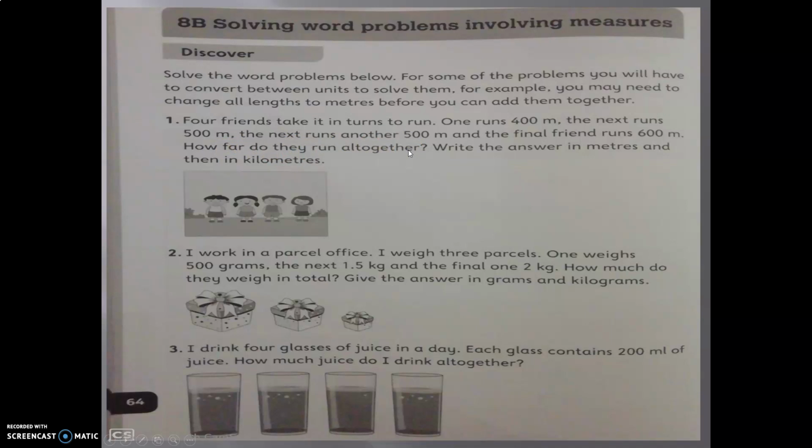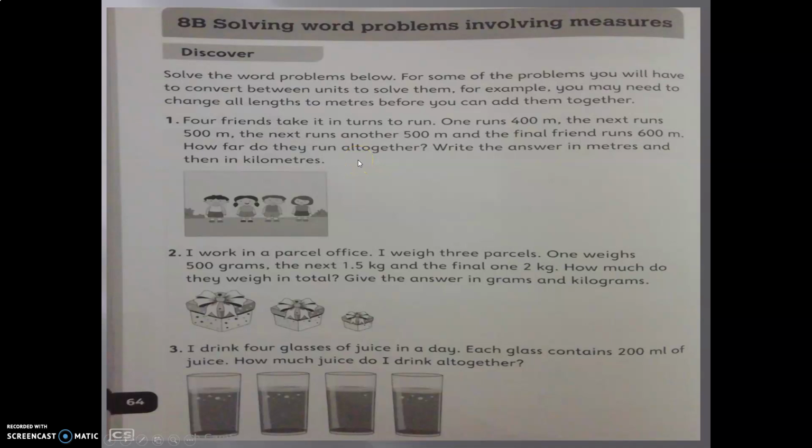Okay, since grade 1, you know that all together means plus. But before making plus, we should make sure that the numbers given to us are in the same measuring unit. Here, the first number is 400 in meters. The next number 500 in meters. The other number 500 in meters. The last number 600 in meters.